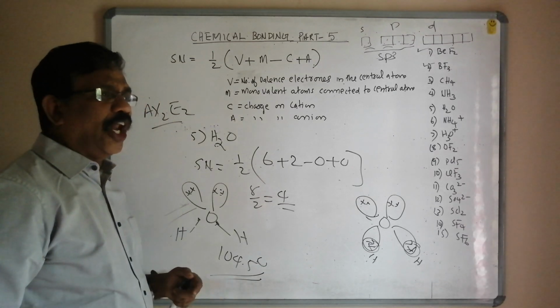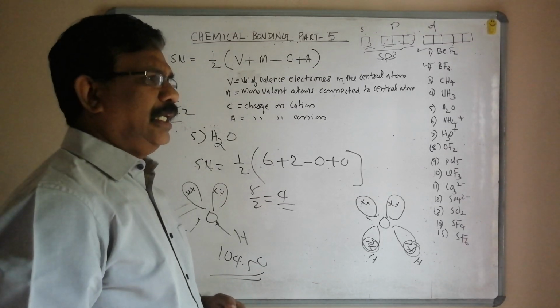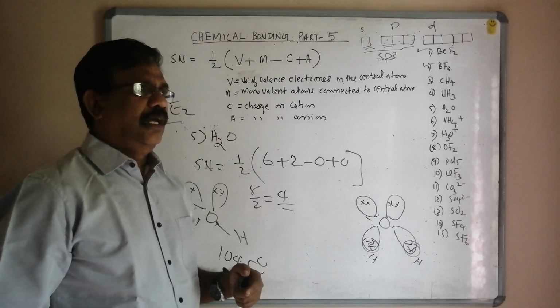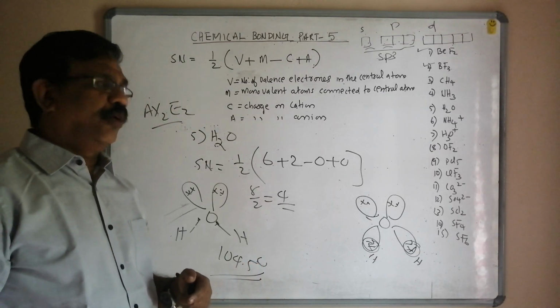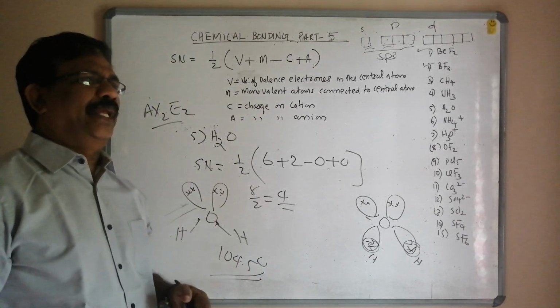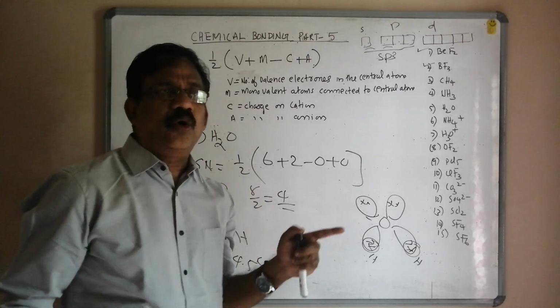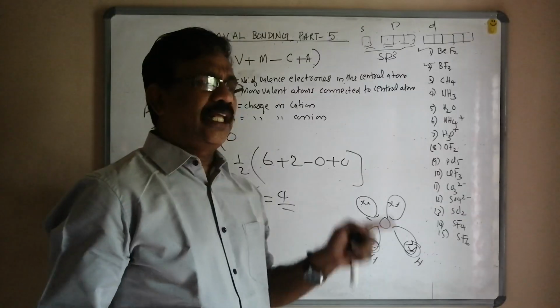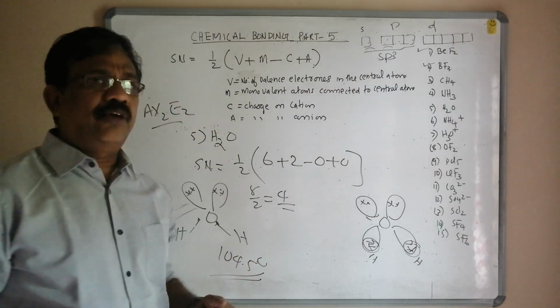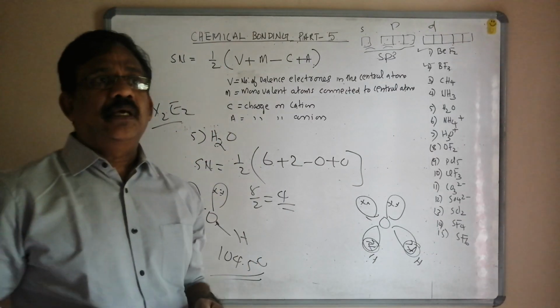Shape angular, V shape, and the expected shape is tetrahedron. The actual shape is angular or V due to the presence of these 2 lone pairs. The expected bond angle, the tetrahedral angle, is 109 degrees 28 minutes. That reduces to 104.5 degrees due to lone pair repulsion.